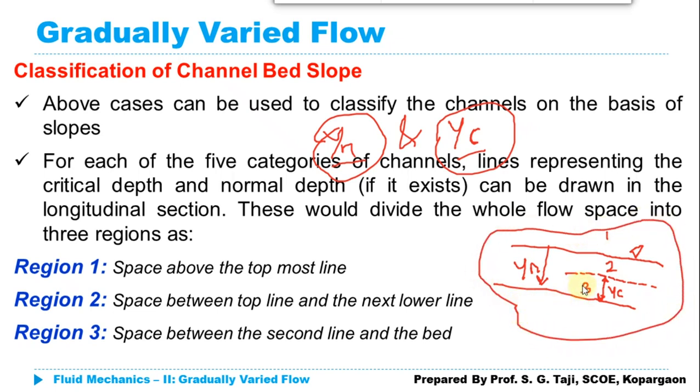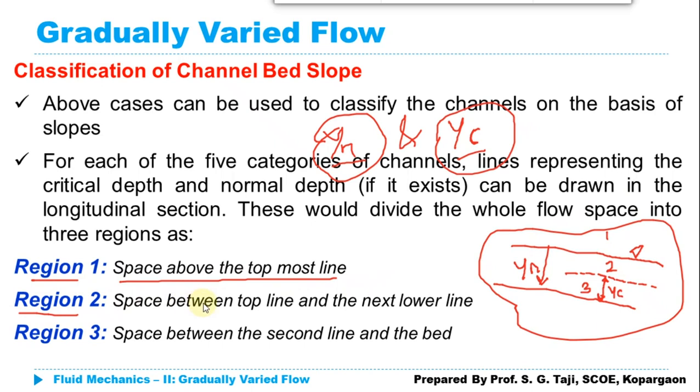So generally yn and yc classify the channel into 3 different zones, and this divides the whole flow space into regions 1, 2, 3. Region 1 is the space above the topmost line. Whether yc or yn is at the top, beyond that topmost line is known as region 1.